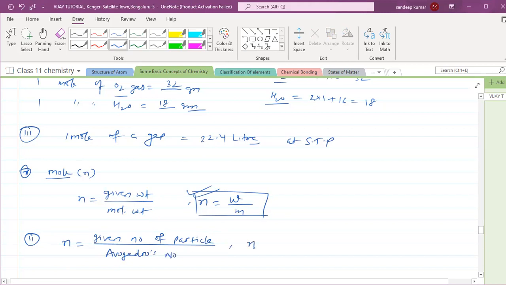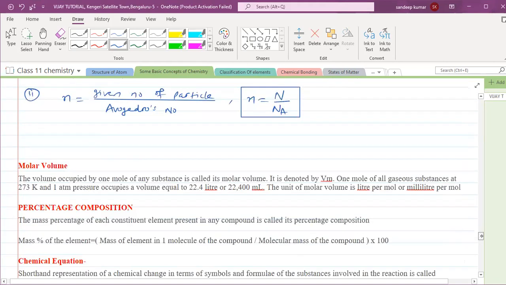So we can write small n is equal to given number of particles, N, upon Avogadro number, Na. So this way you can remember the second formula. Small n is what? Mole. Capital N is what? Given number of particles, and Na is what? Avogadro number.